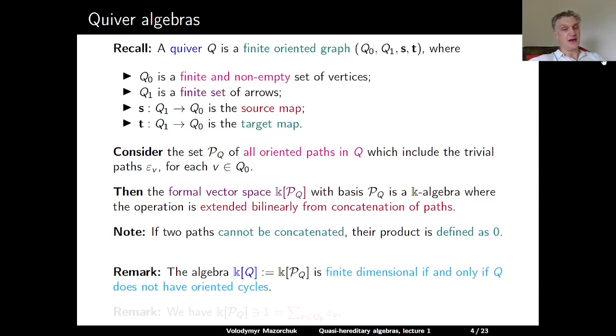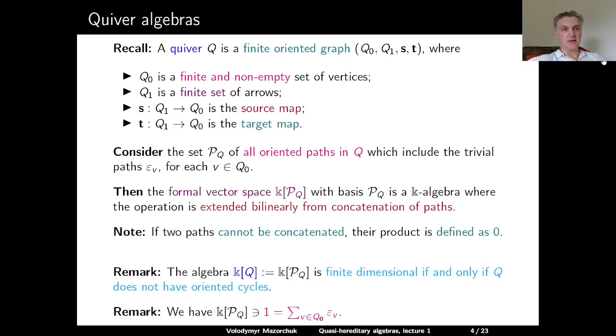And this algebra is finite dimensional if and only if our quiver is finite and does not have oriented cycles. Also, there is a unit element in this algebra, so this is a unital algebra, where the unit element is just the linear combination of all trivial paths in all vertices with coefficient 1.